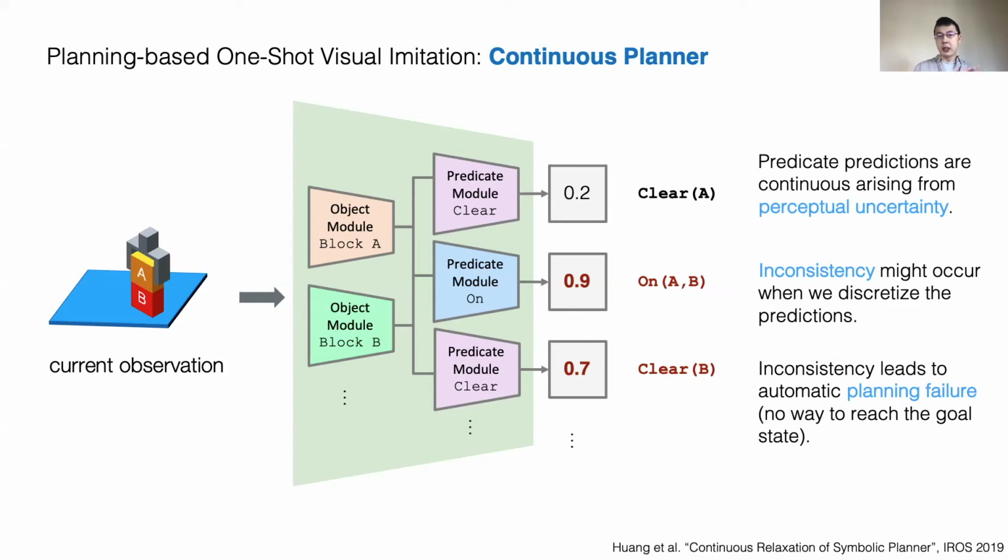And these noisy and continuous predictions are due to the intrinsic stochasticity and perceptual uncertainty in deep learning models. As a result, there can be inconsistency if we just naively quantize the predictions by thresholding. And this inconsistency can also lead to subsequent planning failures, as the model cannot resolve the conflicts between the noisy predictions.